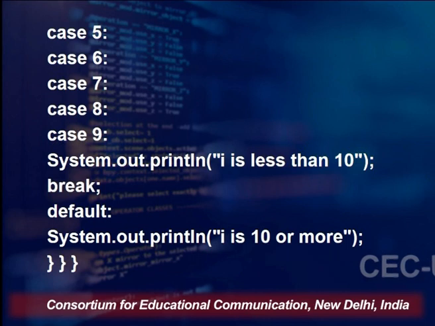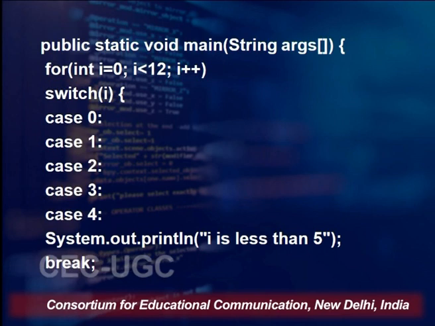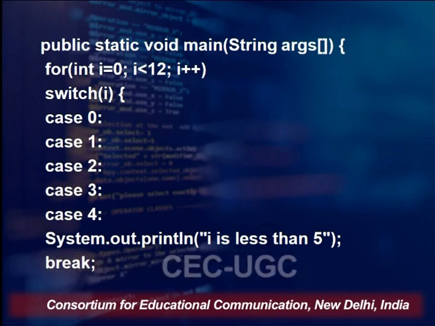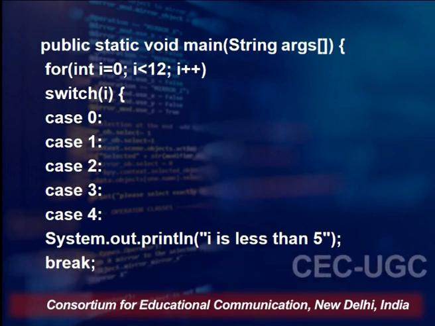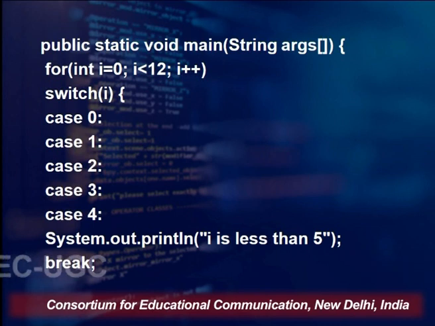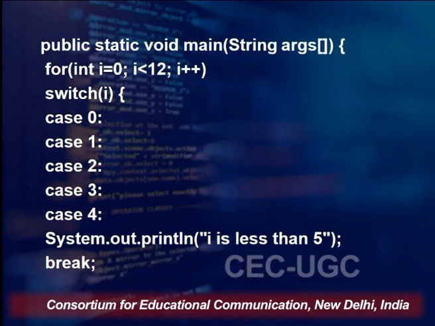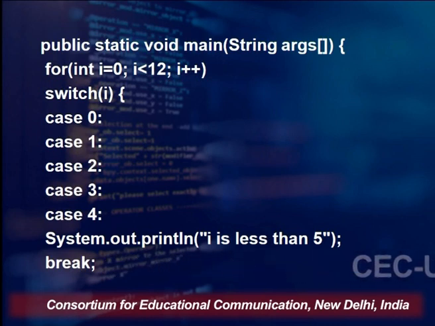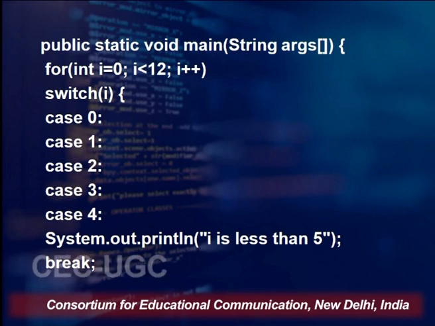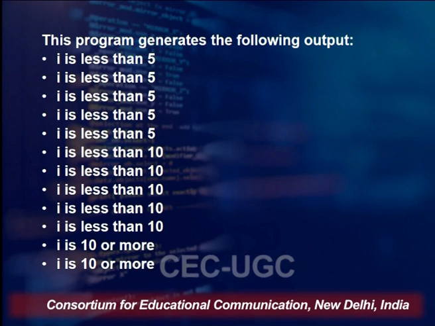Now, please see the value of I, the initial value of I is 0. So, case 0 will be satisfied, but there is no break statement, then it will go to case 1. No statement, then it will go to case 2 also, no statement, it will go to case 3, it will go to case 4, and in this way it is going to work.